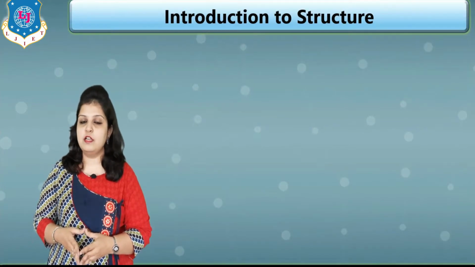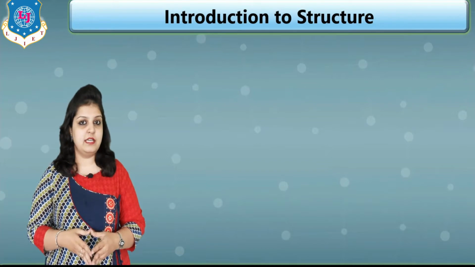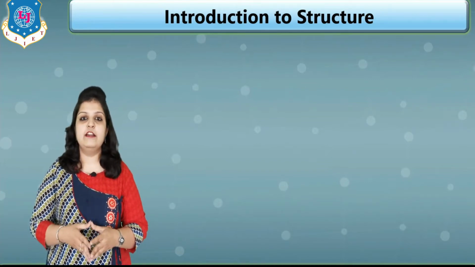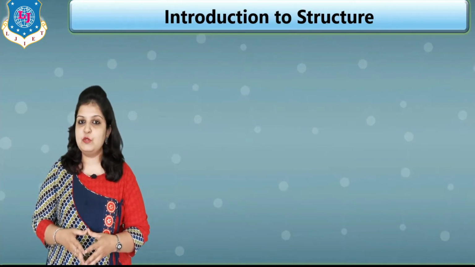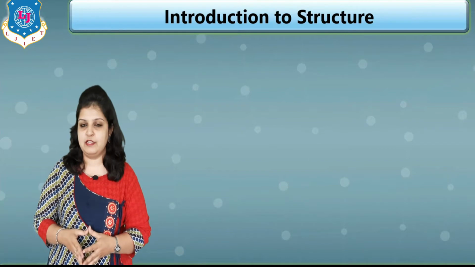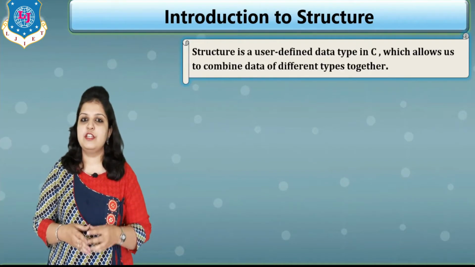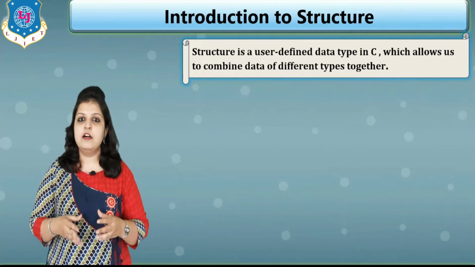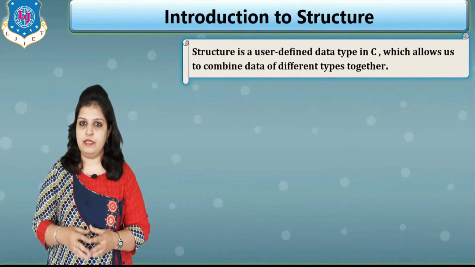First of all, structure is a user defined data type, meaning the user can create his or her own data type, and it allows us to combine different data type values together in a single variable. So the definition of structure is: structure is a user defined data type which allows us to combine different data type items together in one variable.